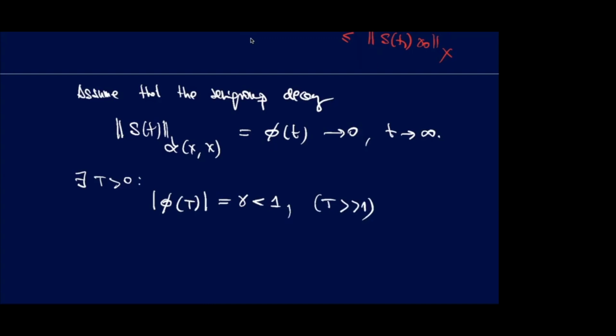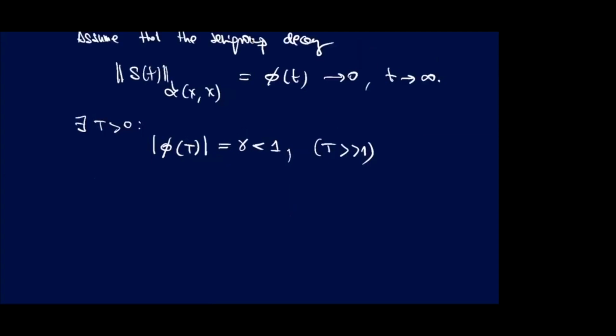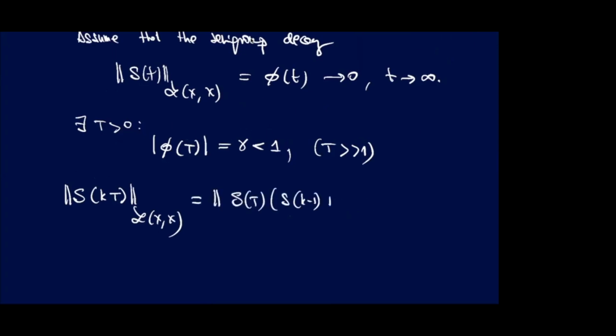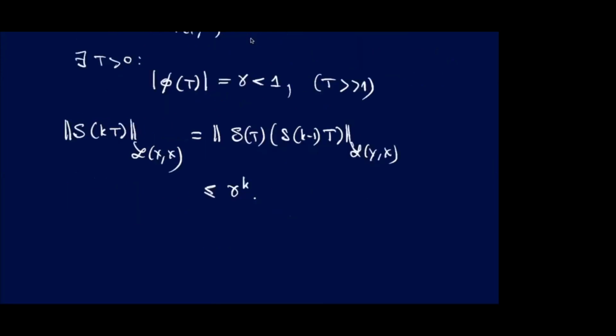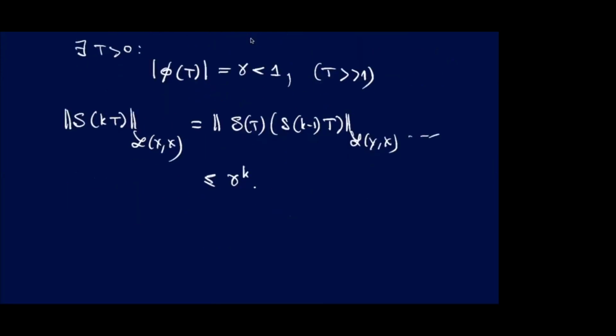Then, if I look at the semigroup property, what happens when I look at the norm of S of k times t, with k an integer number? Well, you see that if you apply the semigroup property in an inductive manner, you will find that this is less than gamma to the power k, right?